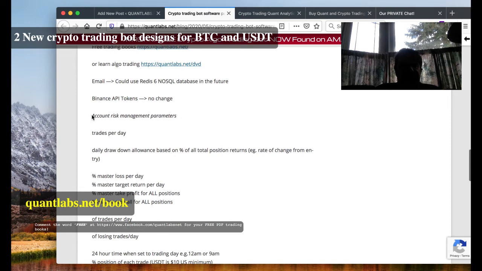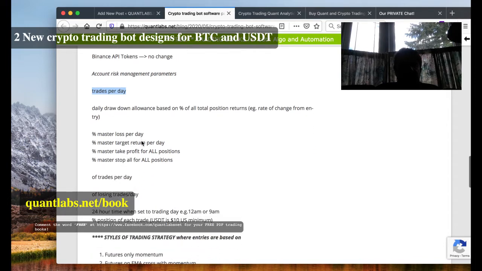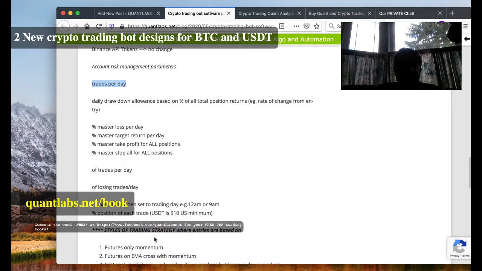So the first thing we need to consider is account risk management. People want to know how many trades per day they want to allow overall, and these are at master level. Each style, which I'll get into, will have its own set of settings or parameters.